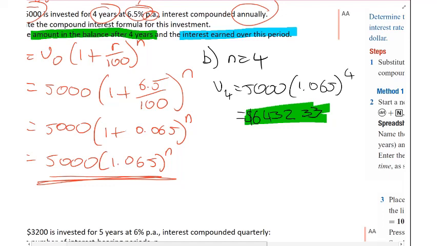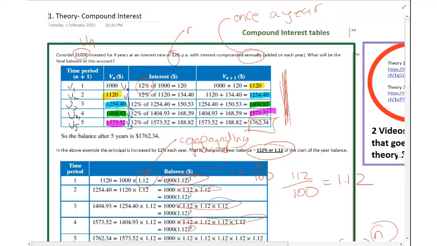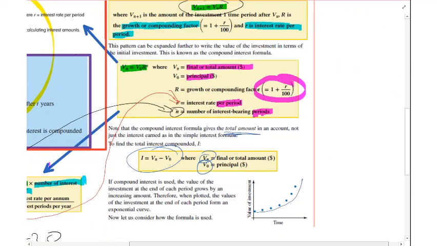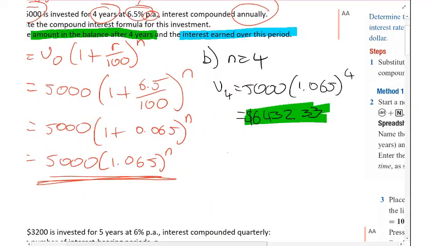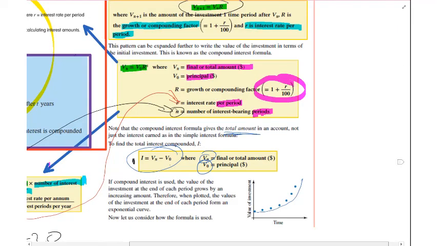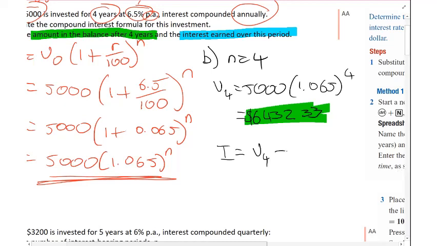The interest earned, remember there was this formula back here. No, this one here. That's the one we're going to use now. So we're going to go I equals V4, because that's my next term, so to speak. What do they call it here? That's your final total amount. It's probably a better way to think about it.